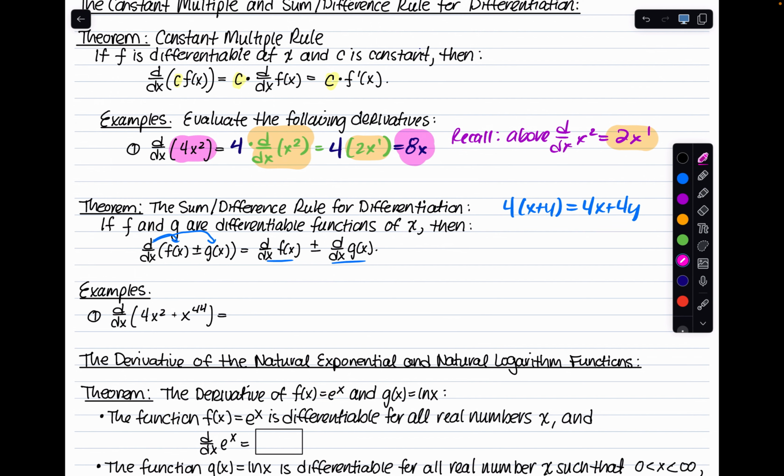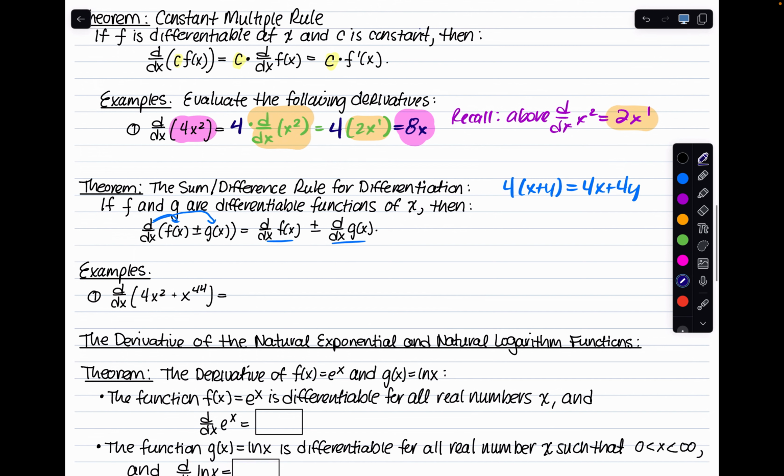But what this rule is saying is that, yes, I can take the derivative of 4x squared, and that's really the first part of this problem, because then I need to take the derivative of x to the 44th. I know this one, right? I used the constant multiple rule to help me break this one down and evaluate it.